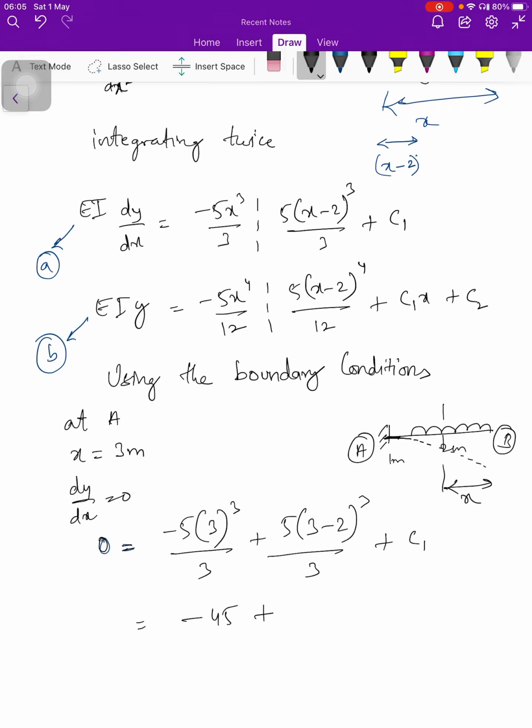This should not be neglected. So this is 5 into 3 minus 2 is 1, and 1 cube is 1. So 5 by 3 is 1.67 plus C1, or C1 is equal to 43.33. This is your C1.